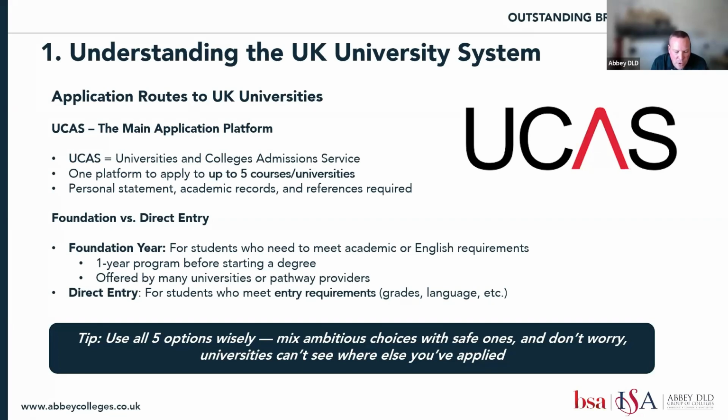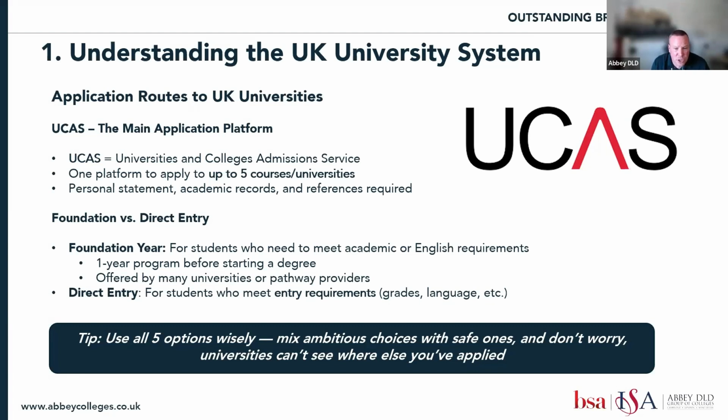You can apply for direct entry or for a foundation program. Again, foundation programs, as I said, will give you access to a particular university if it's aligned with that university, or a range of universities, and you'll be able to study there at a partner college for 1 year, and then provided you achieve the targets academically and in terms of your English level, if you're an international student, you'll be able to progress on to year 1 of that undergraduate program.